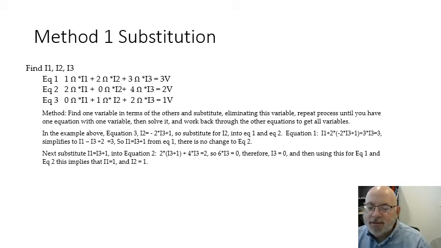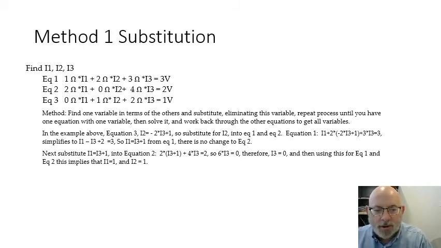Therefore, I3 is equal to 0. If I take that I3 equals 0 and I go back to the substitute equations, that means that I1 equals 1 and I2 equals 1. So for my two substitute equations, I1 and I2 equal 1, I3 equals 0. And I've solved the problem.